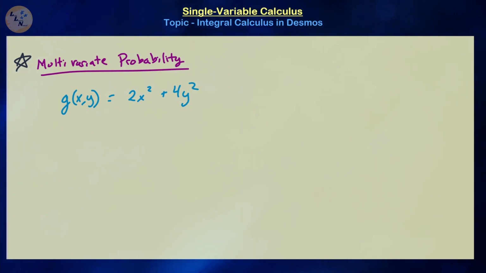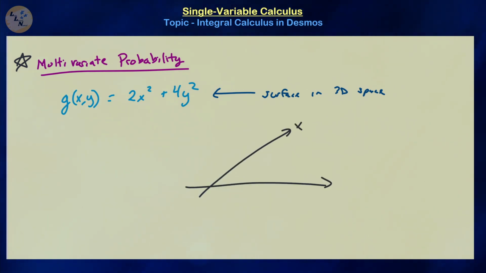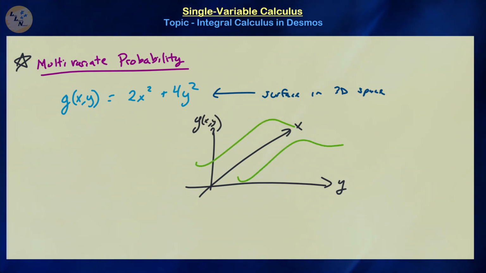So this is not a curve in two-dimensional space. This is, of course, a surface in 3D space. Okay, so we have an x-axis, a y-axis, and then a g(x,y) axis. So of course we have some surface floating above this particular region.